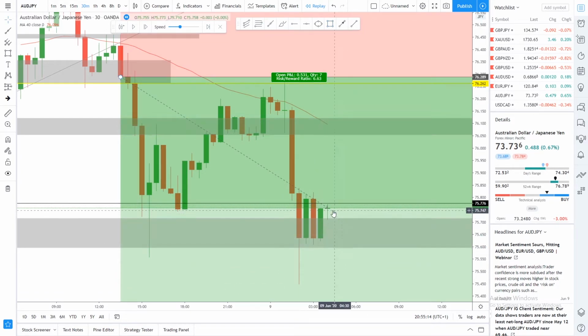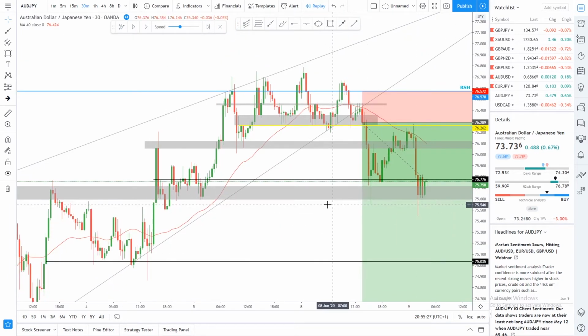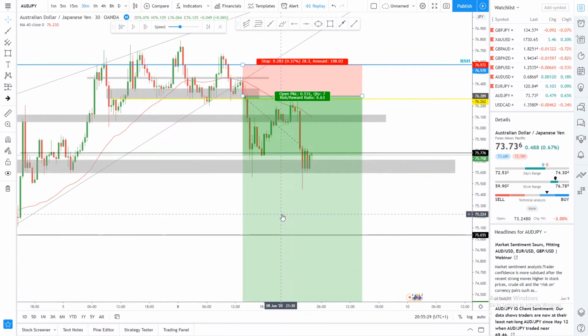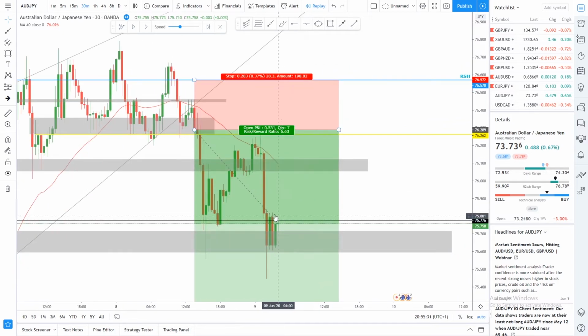However, the doji candle straight after this bullish candle shows that price can still go down, and it has the wick to go down, it has the area to go down into, so this candle is very important.